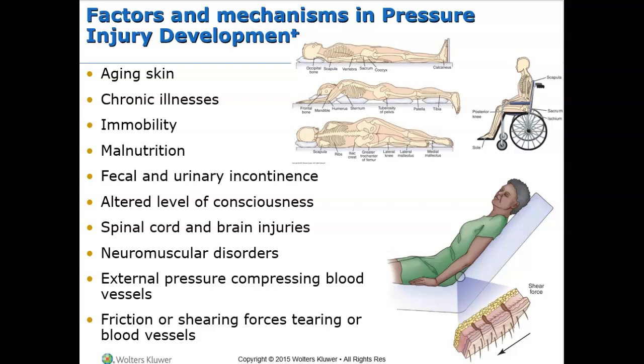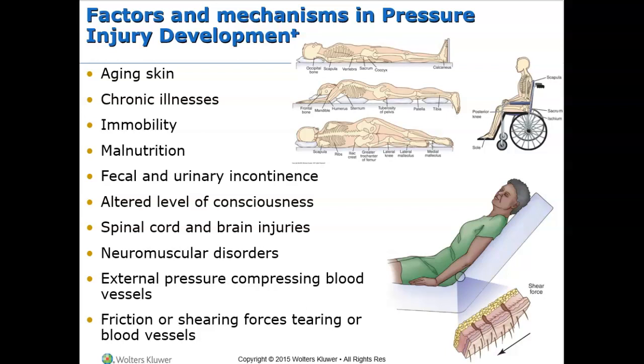Certain intrinsic factors alter skin and tissue integrity or oxygen delivery capabilities, decreasing the amount of force required to create a pressure injury. Examples include immobility and impaired sensation, as occur with spinal cord injuries, strokes, or coma, poor nutrition, edema, aging, low arteriolar pressure, that's hard to say, and fever.